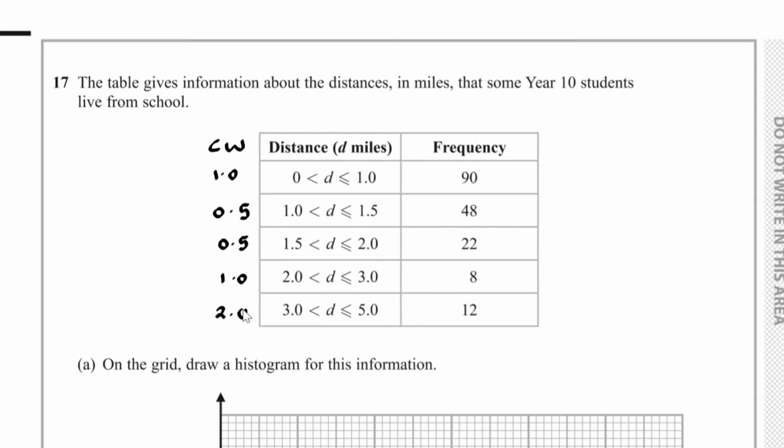And now to find the frequency density, what we would have to do is do the frequency divided by the class width. 90 divided by 1 is 90. 48 divided by 0.5, that is equal to 96. 22 divided by 0.5, that's 44. 8 divided by 1 is 8. 12 divided by 2, that's 6.